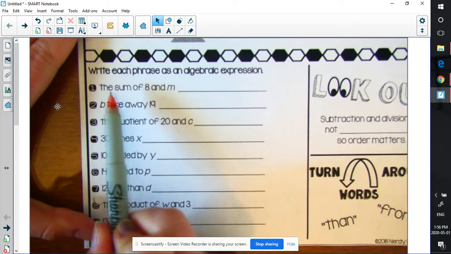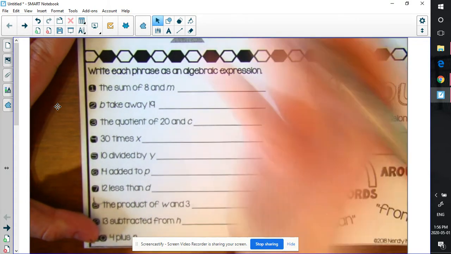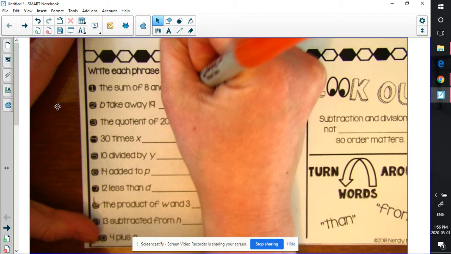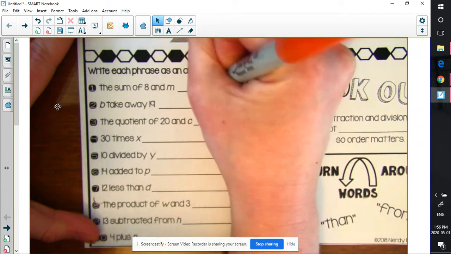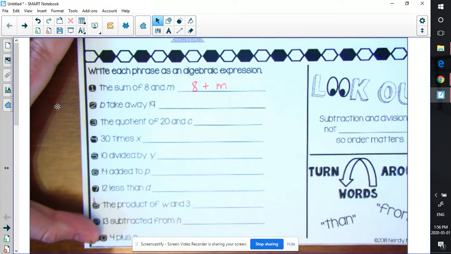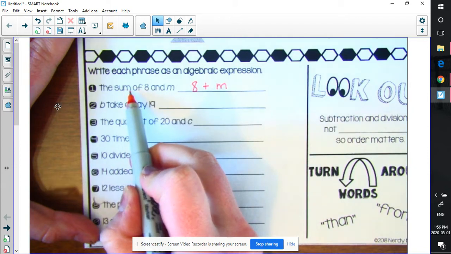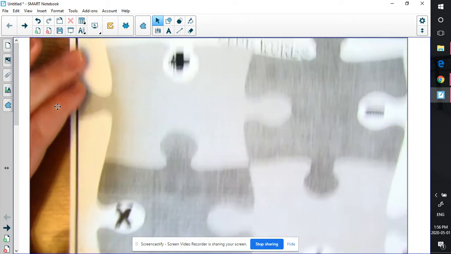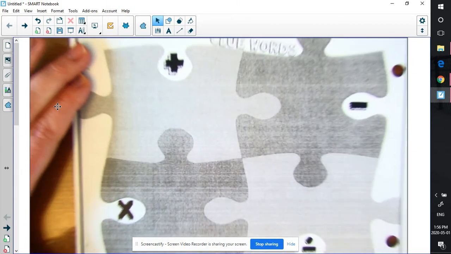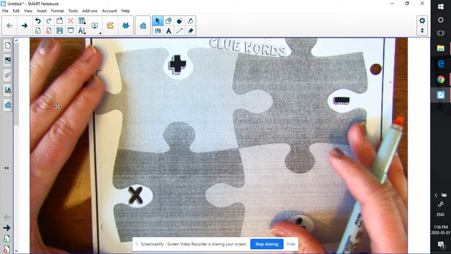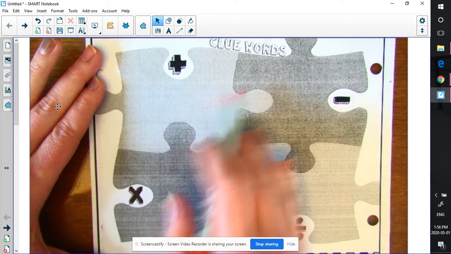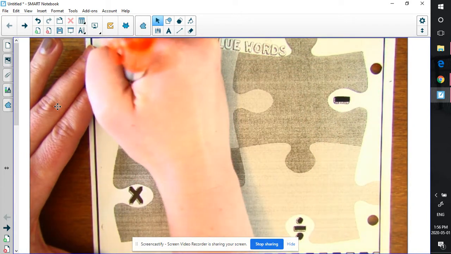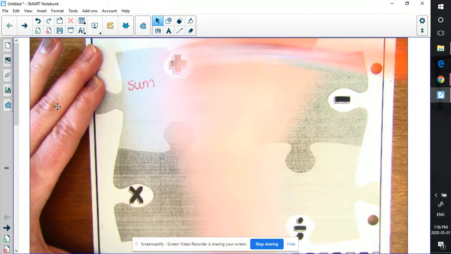So to turn this into an algebraic expression, you're going to write 8 plus m. Because remember, sum means to add. And if you want, we can start to put together a list of clue words. So some clue words that we could use to know that the question wants us to add would be sum.